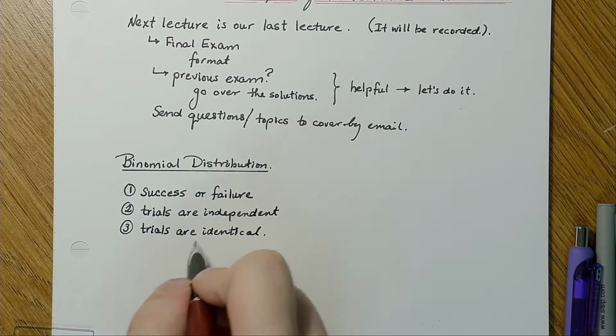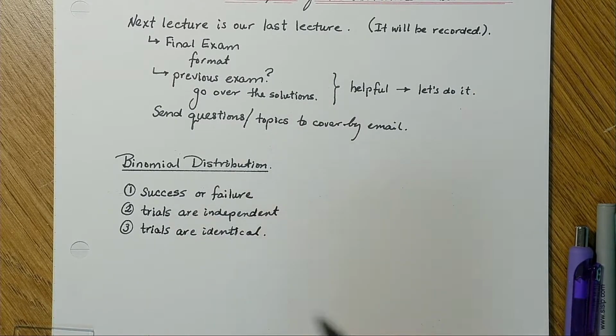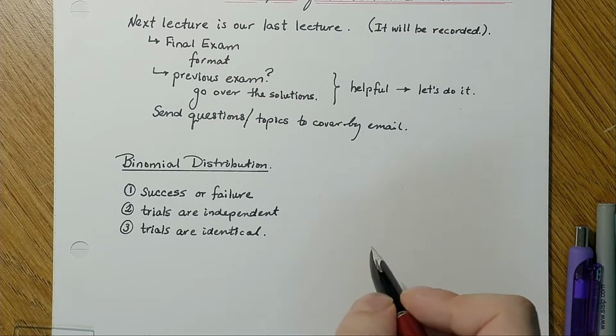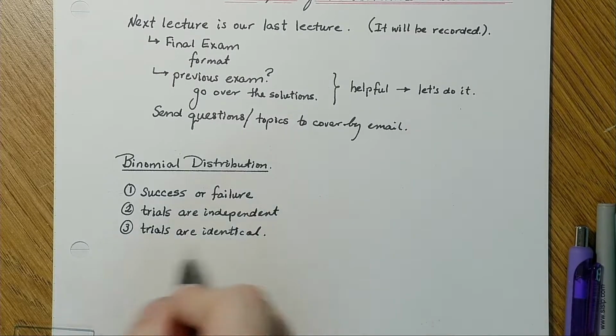That means something along the lines of, if you're flipping a coin, it's a coin flip for each trial. It doesn't go, we flip a coin, then pick a ball out of an urn, and then draw a card out of a deck of cards and then spin something on the roulette wheel. The trials are identical.